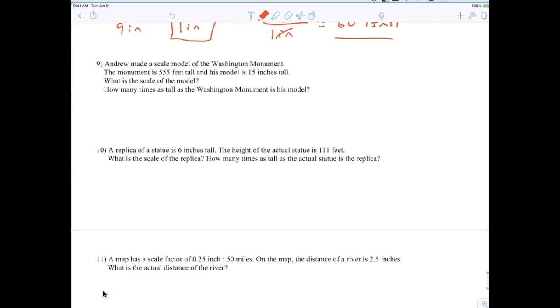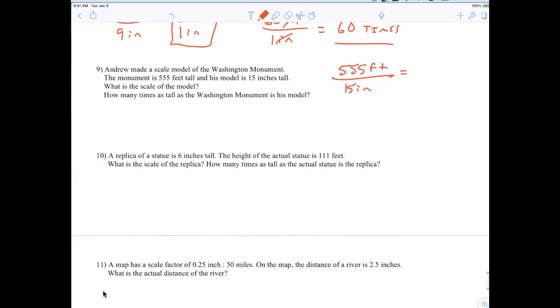All right, let's check out number 9. Andrew made a scale model of the Washington Monument. The monument is 555 feet tall, and his model is 15 inches tall. So 555 feet to 15 inches. Does that go in evenly? Yeah. 555 divided by 15 is 37.